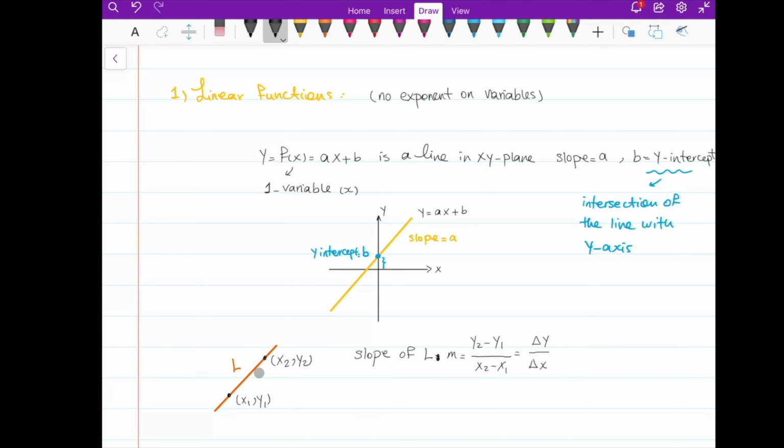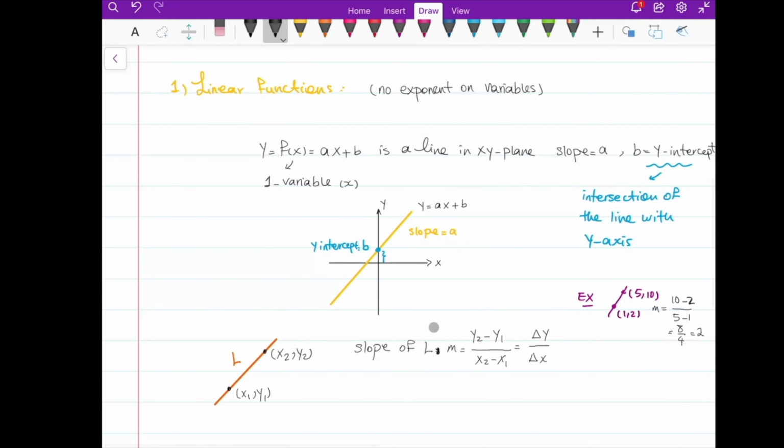For example, if the line passes through 2 points, say 1, 2, and 5, 10, then the slope of this line would be 10 minus 2 over 5 minus 1, which is 8 over 4, which is equal to 2. The slope of this line is 2.